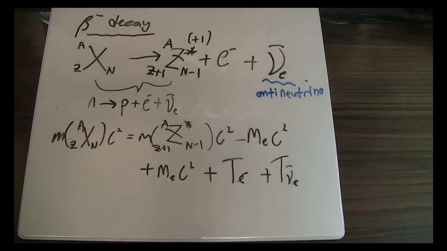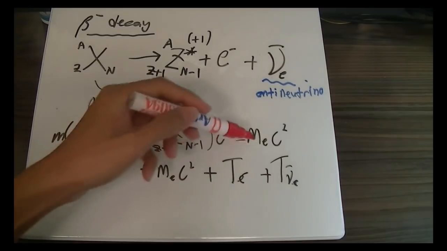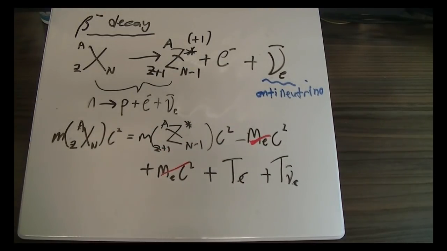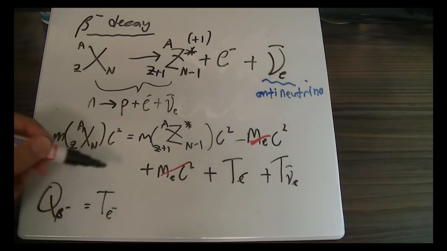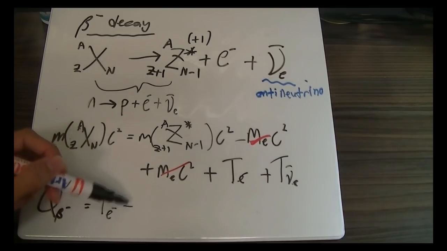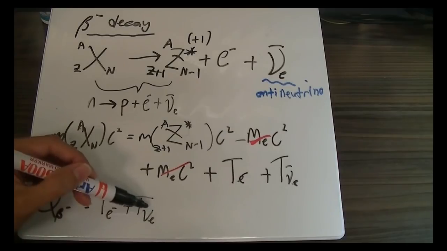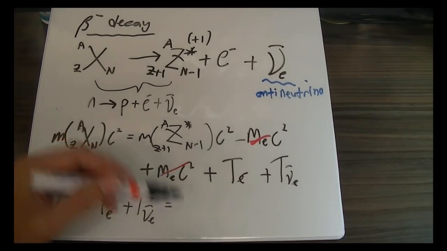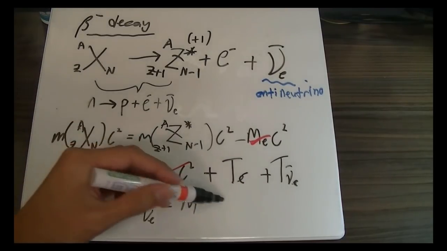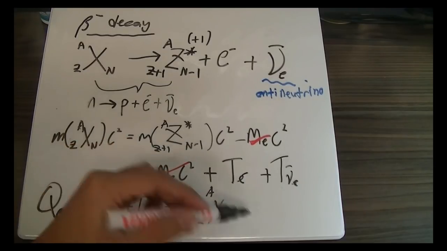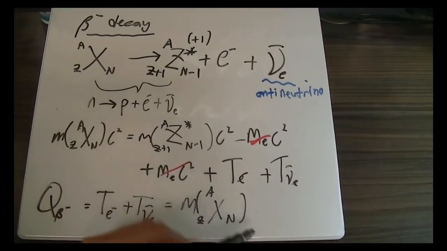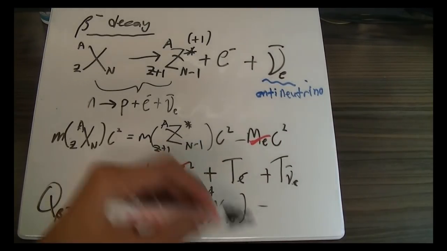Here you can see that the mass energy of the electrons is cancelled, and finally we have the Q value for our beta minus decay, which is equal to the kinetic energy of the released electron plus the kinetic energy of the released antineutrino, which is exactly equal to the mass energy of the parent nuclide minus the mass energy of the daughter nuclide.